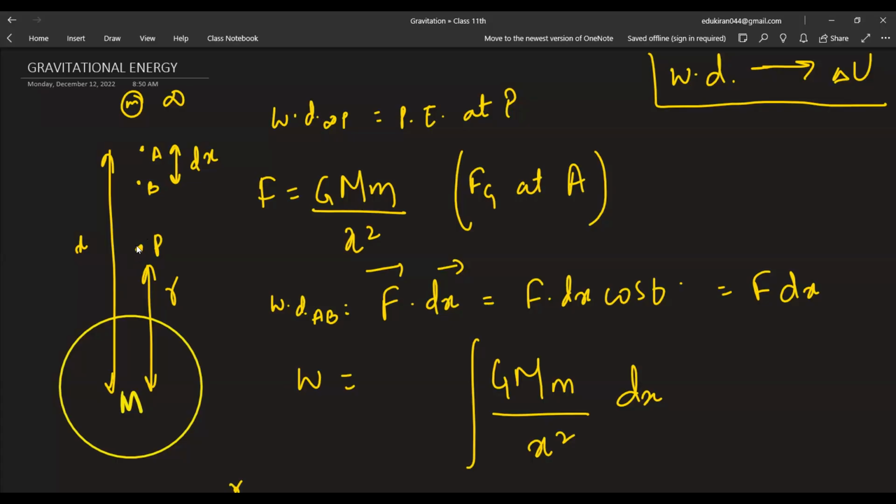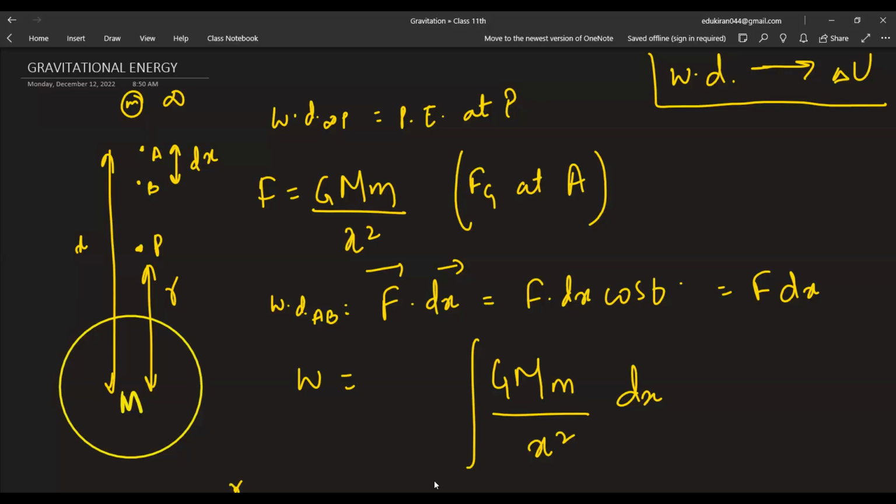Why I have chosen this P point at such a random location is so that we can form a generalized case. If I write it at the surface, or inside, it will be very particular for you. Let's take a very difficult and a general case where the point is here. So from where to where we have to expand this A to B?